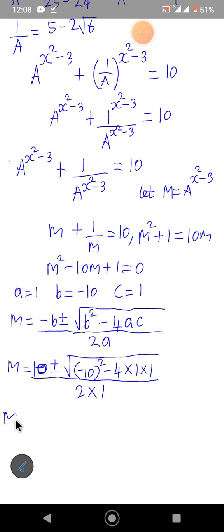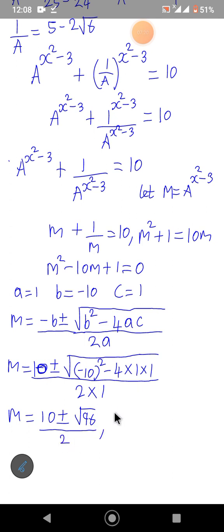Then therefore m is equal to 10 plus or minus the square root of 100, since 10 squared is 100, minus 4 times 1, that's 4. 100 minus 4 will give me the square root of 96, all over 2. And we'll continue again.